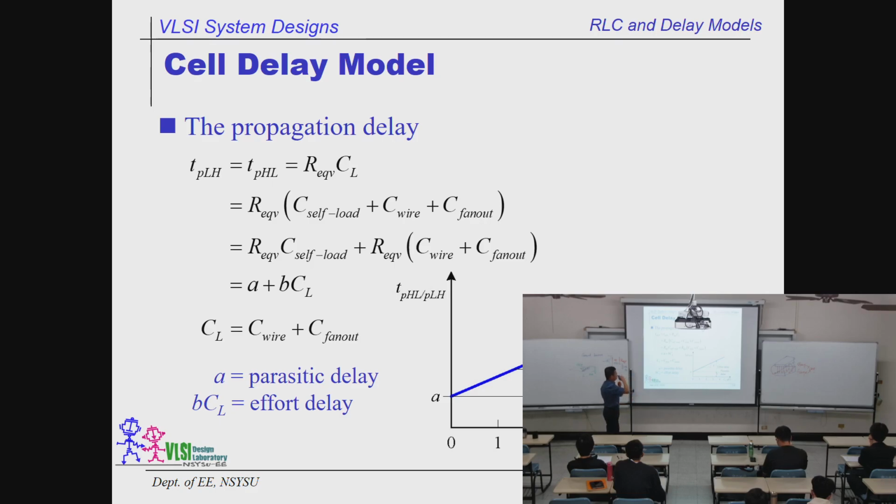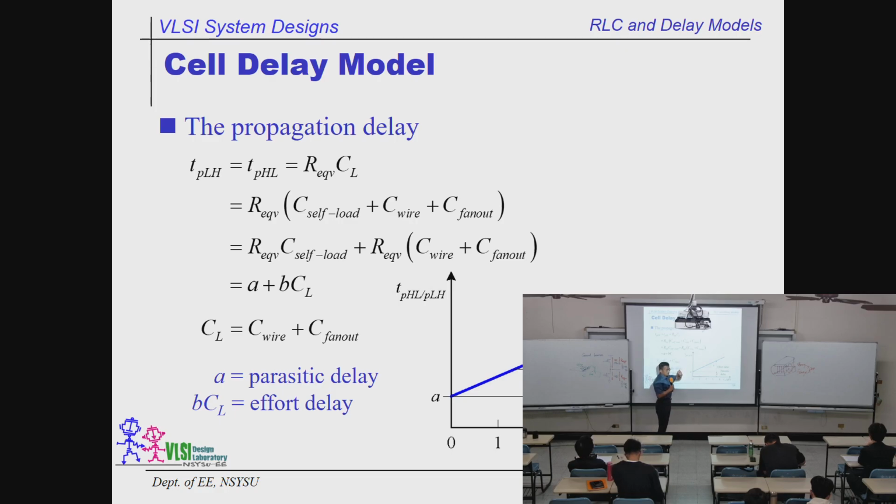So we plug all the numbers into it. This is self-loading, this is wire load, and fan-out load. Basically, we can simplify it. This is a constant because this is a fixed number. This is a fixed number as well. It's R equivalent, and this is a C load generated by myself.